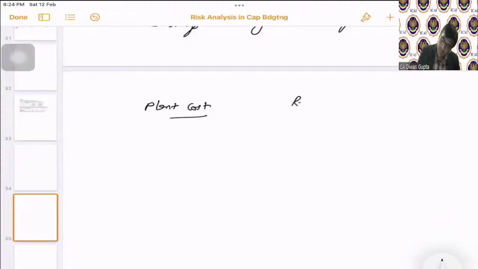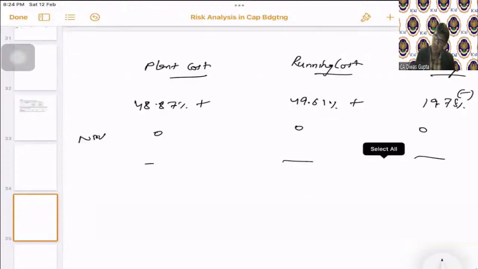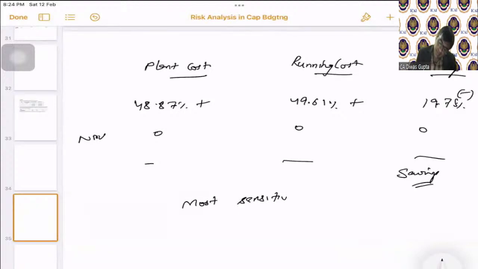Now, finally, if I tabulate plant cost, running cost, and savings: 48.87%, 49.61%, and the last is 19.75%. If you make this increase and this decrease, then the NPV becomes 0. Can we say that the most sensitive factor is savings?